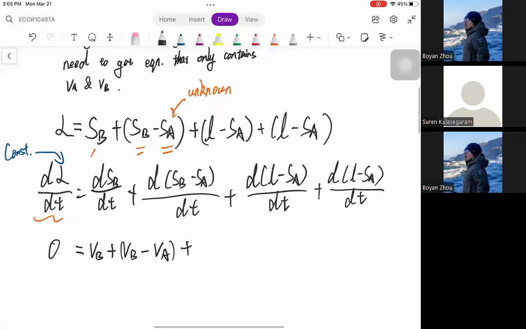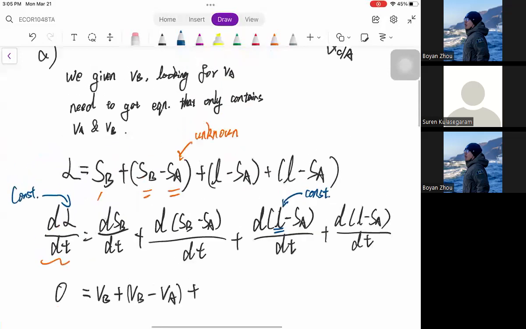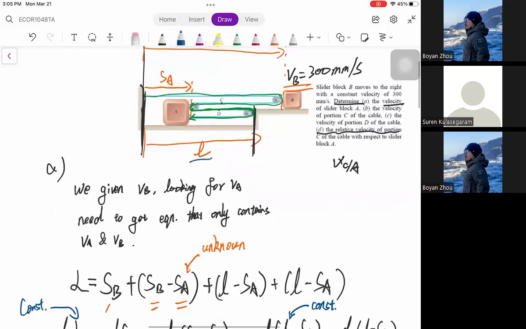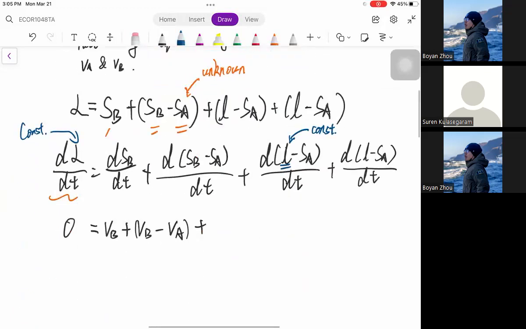Plus, on here, the smaller l, remember the smaller l is the distance between the left-hand wall and the right-hand wall. So it's also a constant. So it's going to be 0 here.